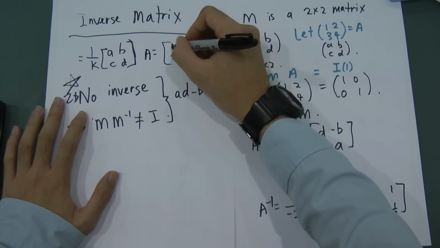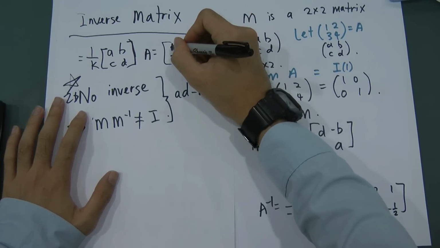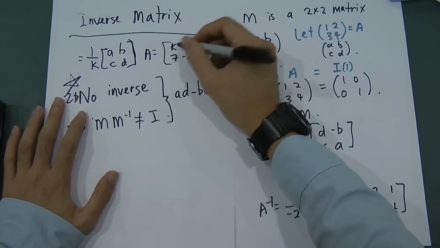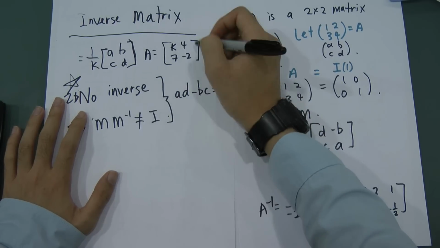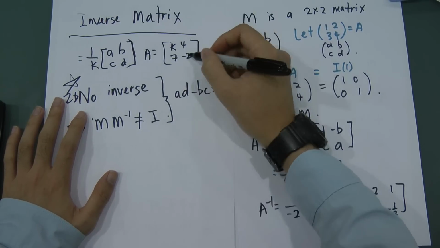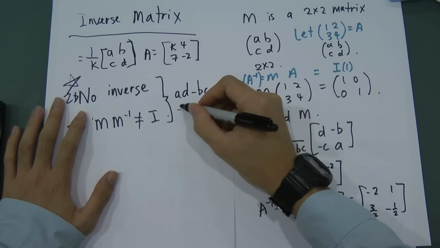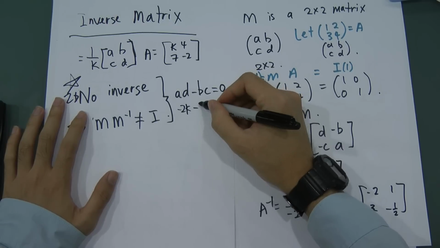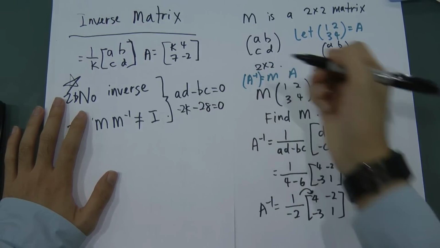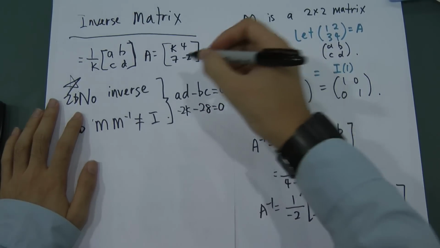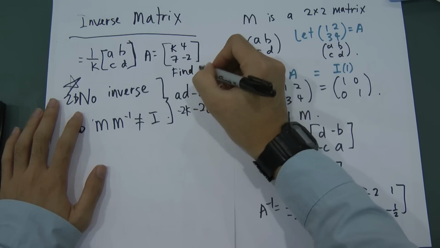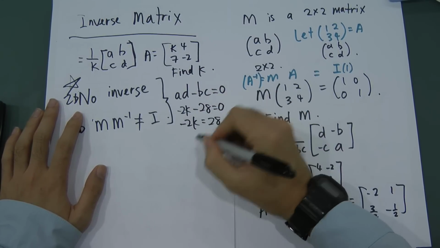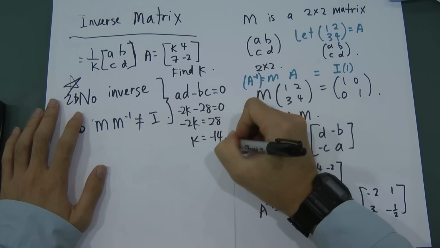But most of the time he'll ask you to find a variable, maybe K, 4, 7, negative 2. And then he says the matrix A has no inverse, then I know negative 2 multiplied by K, negative 2K, minus 4 multiplied by 7 is 28, equals 0. Then he will ask you to find the value of K. Therefore negative 2K equals 28, K equals negative 14.